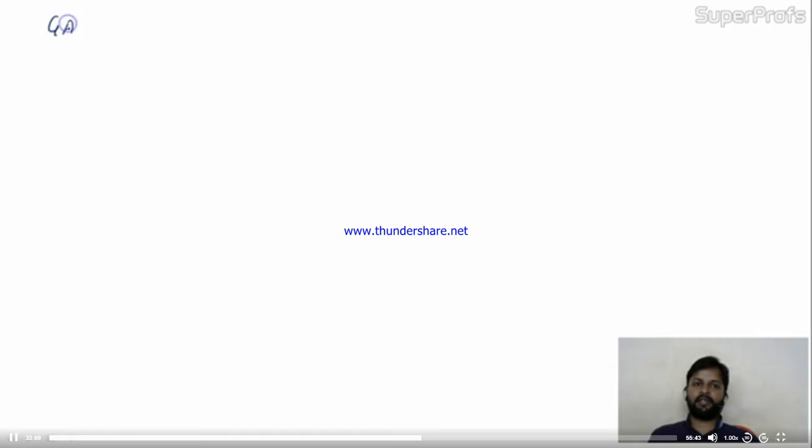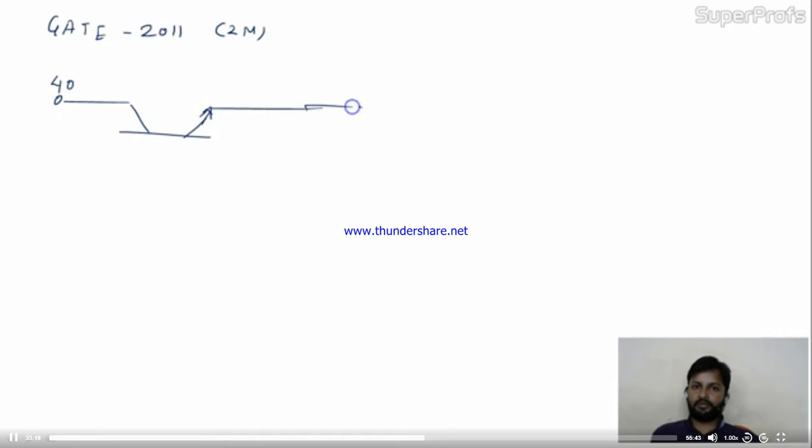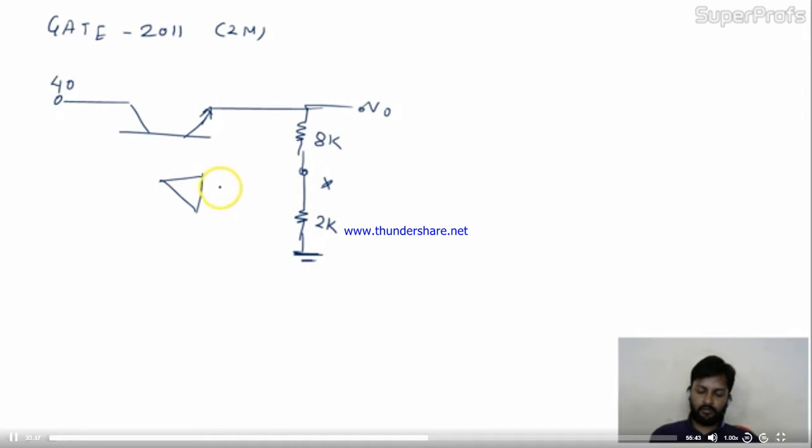This problem came in GATE 2011 and it is a 2 marks problem. The problem is, this is V0 over here, connected with 8K like this, connected with 2K, grounded, point X, op-amp.